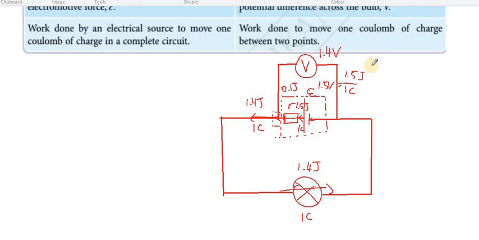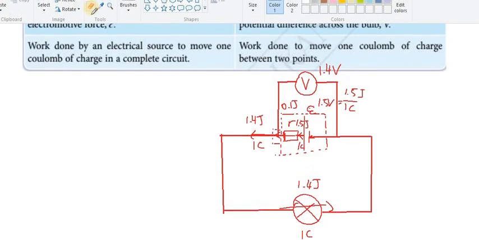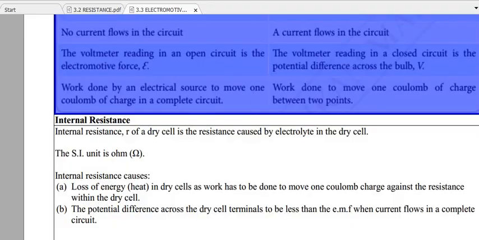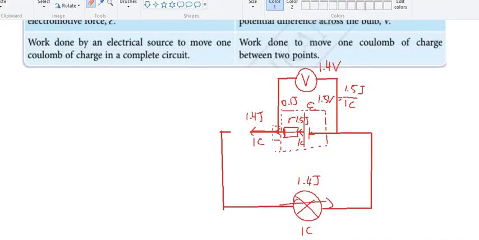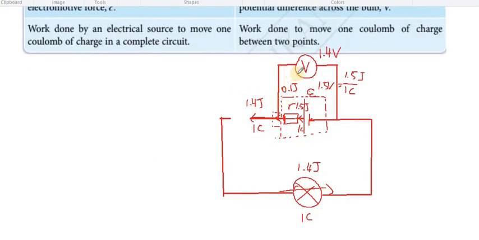Now, what if we disconnect the circuit? What will happen? If we disconnect the circuit, the charge will not flow here, right?